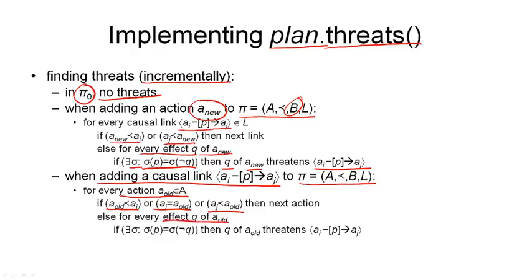We've got to see whether this is unifiable with our protected proposition, and if these two can be made complementary by some substitution that is consistent with our binding constraints, then we have the case where the effect Q of our existing action, AOLD, threatens our newly introduced causal link from AI to AJ, protecting proposition P. In summary, we have no threats initially, but every time we add an action to the plan, that means we can threaten an existing causal link with this new action, and every time we add a causal link to the partial plan, then this may be threatened by an existing action that is already in the plan.